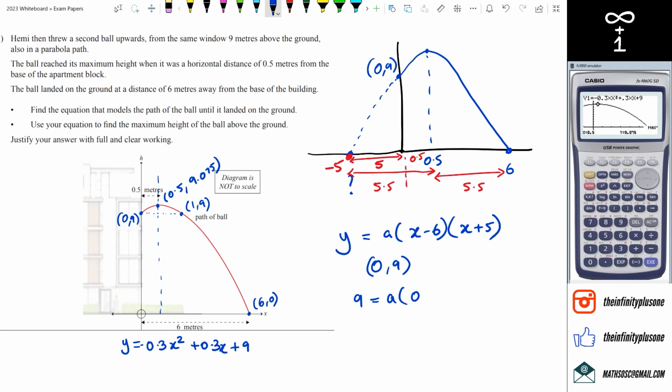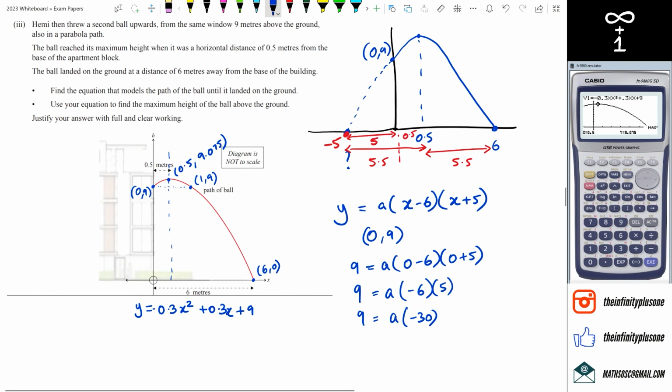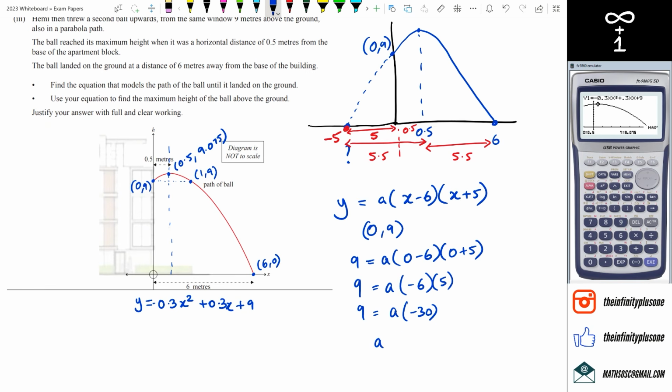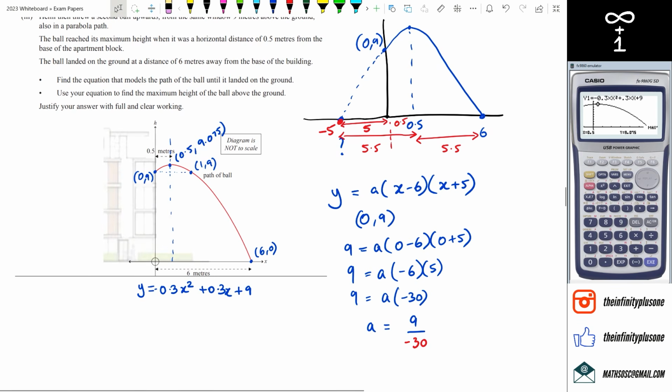So we get 0 minus 6 and 0 plus 5, so 9 is equal to a times -6 and positive 5. 9 equals a times -30, and we're going to get a is equal to 9 divided by -30. Now, 9 divided by -30, we can put that in the calculator.